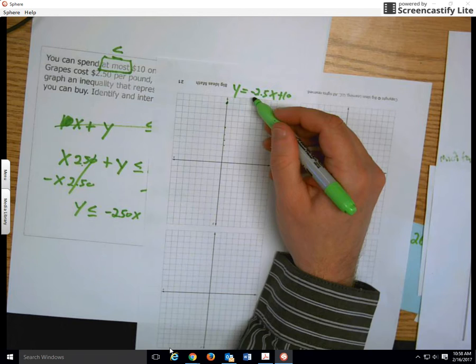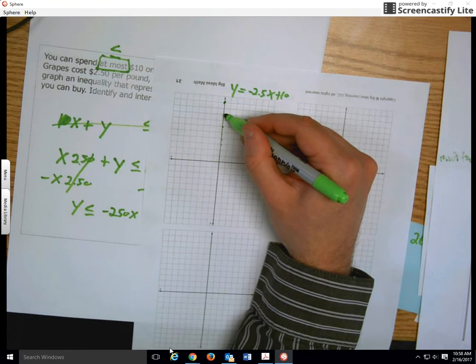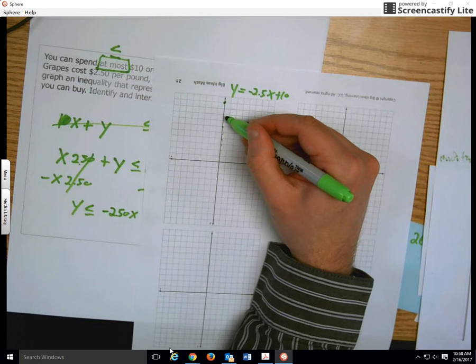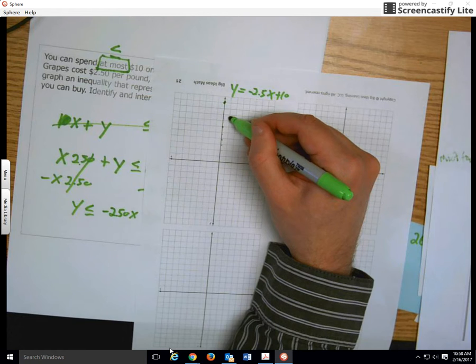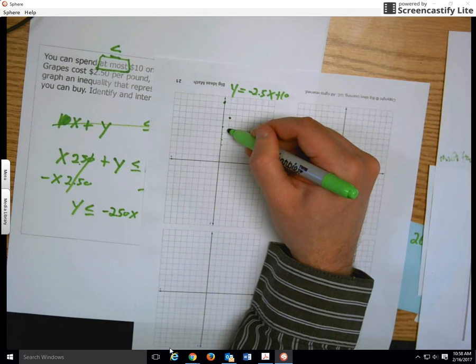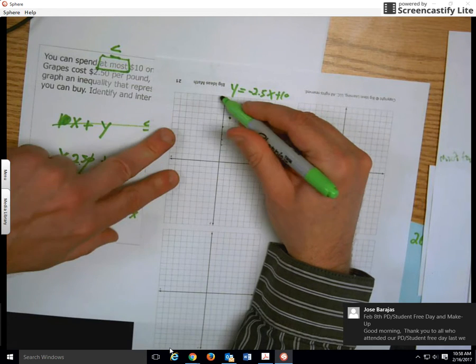And then negative 2.5 means as I go down 2.5 and over 1. Go down 2.5 and over, and then draw your line.